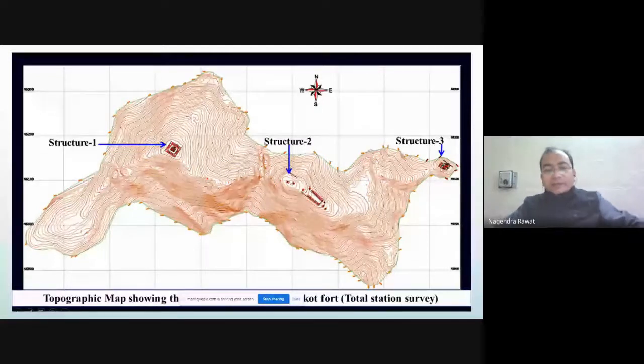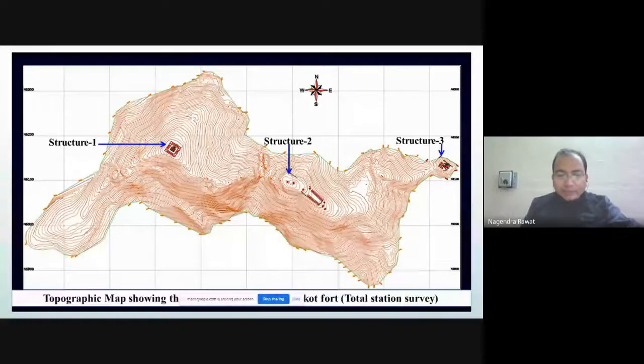But when we started the total station survey at the site, it gave us additional information: structure three. Bobade must know that during a total station survey we need a team. Some people hold reflectors, some use the main instrument, and they collect the data. In this practice we need to visit the site inch by inch, so it also gives us some additional data.